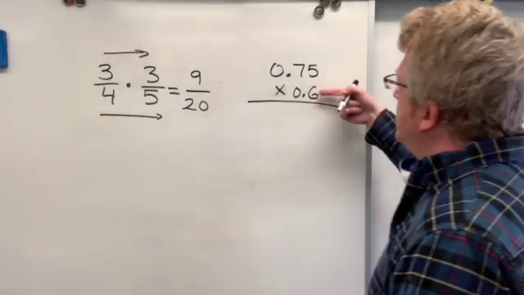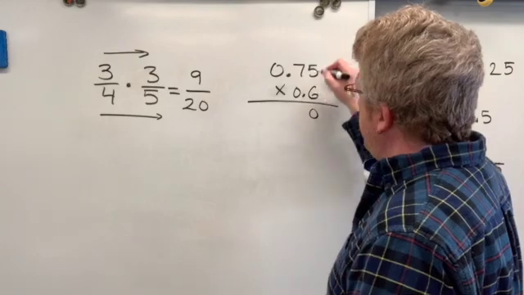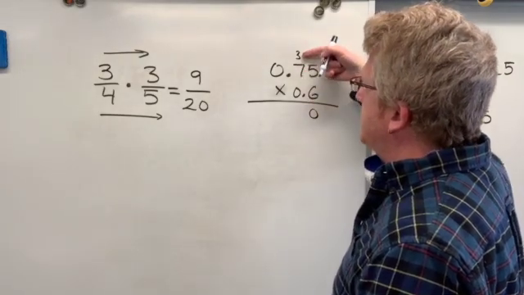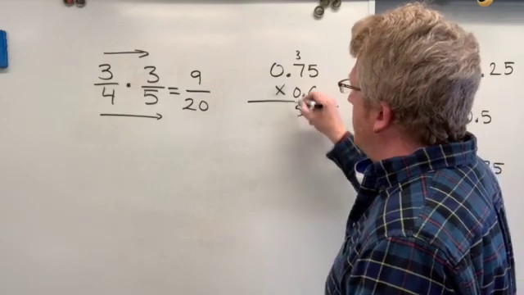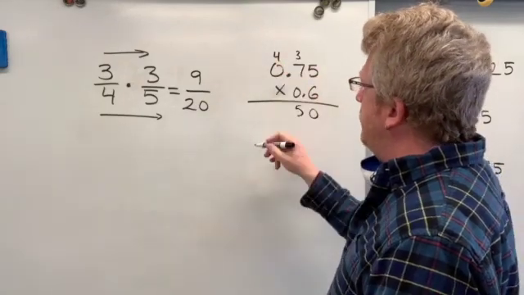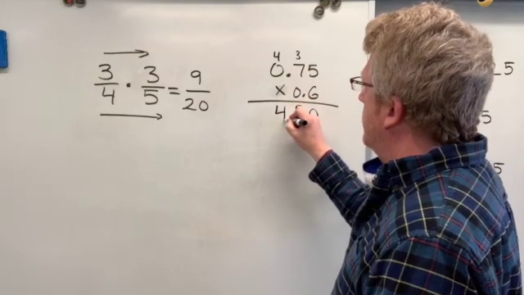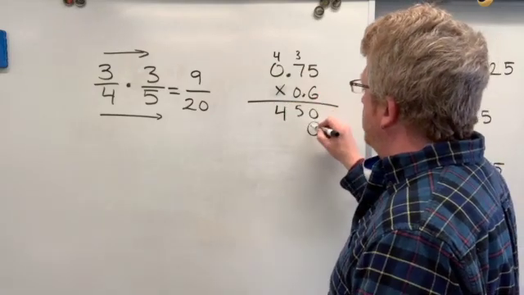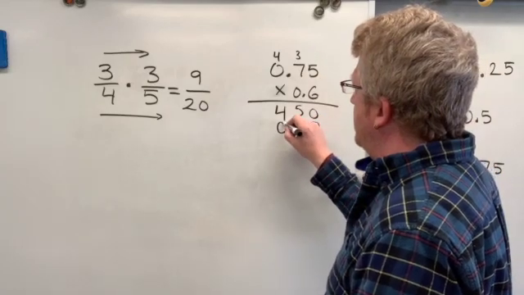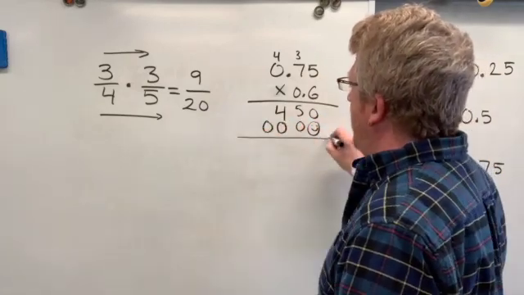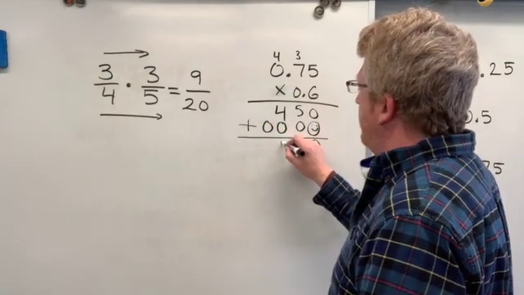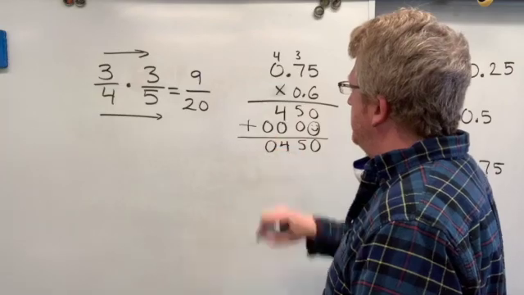All right, 6 times 5, that's going to give me 30. 6 times 7, that's 42, plus 3 is 45. 6 times 0 is 0, plus 4 gives me 4. Smiley face. 0 times 5, 0 times 7, 0 times 0. Add them up. 0, 5, 4, 0.